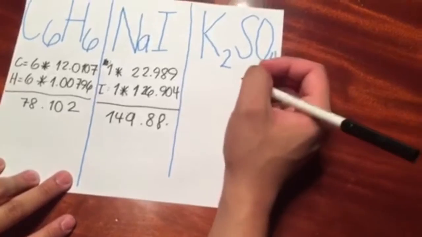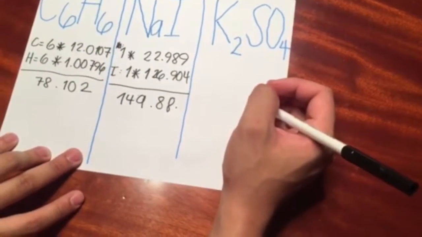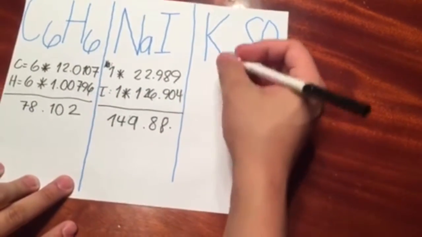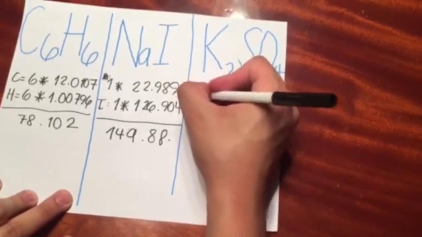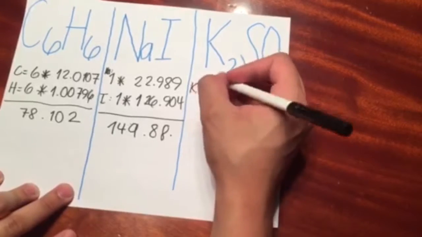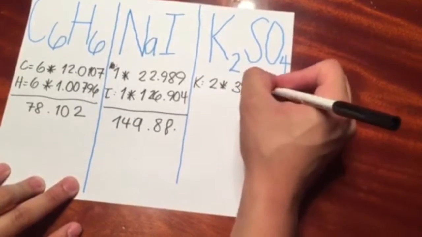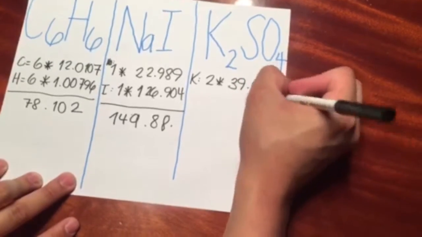Then potassium sulfate. You have 2 from potassium, and that will be multiplied by 2, and its mass is 39.0983.